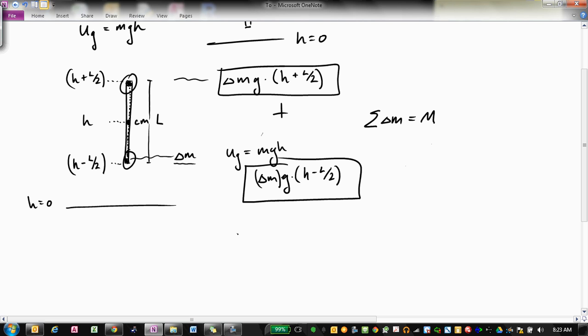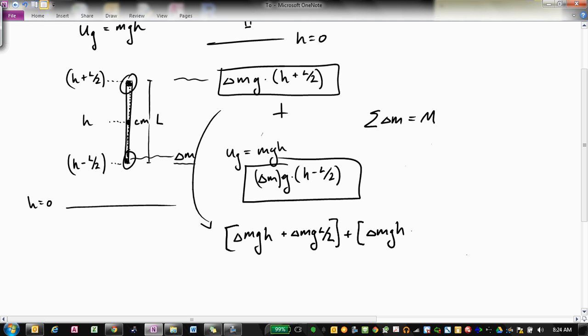I'm going to get this, delta mgh plus delta mg L over 2. That's from the top chunk, just multiplying out across those parentheses. And I'm going to add to that the bottom chunk, delta mgh minus delta mg L over 2. And so this cancels this, and all we have is delta mgh times 2, because we've got two of those little chunks.